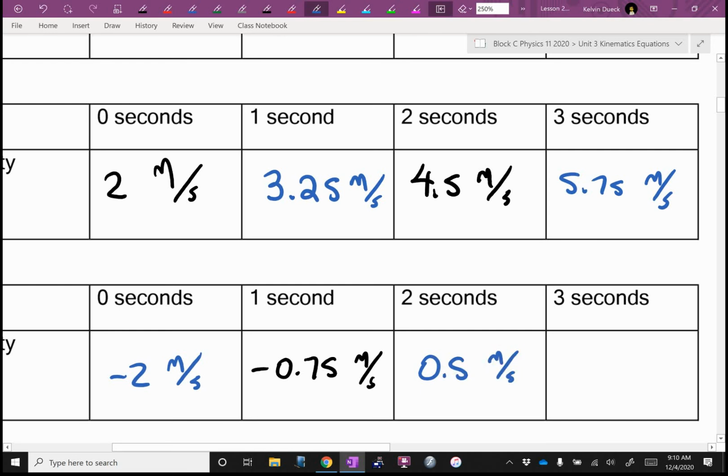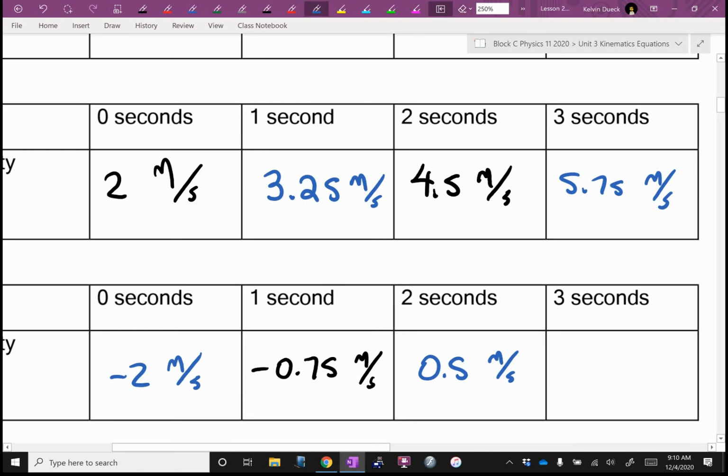By the way, after 2 seconds, what direction am I traveling now? I can also tell you somewhere between 1 second and 2 seconds, I must have very briefly come to a stop and changed direction. It has to have happened between there somewhere.